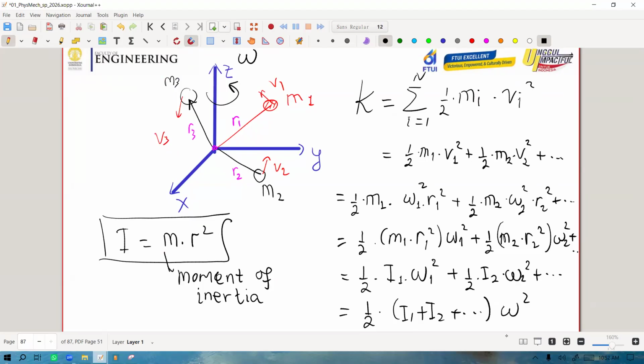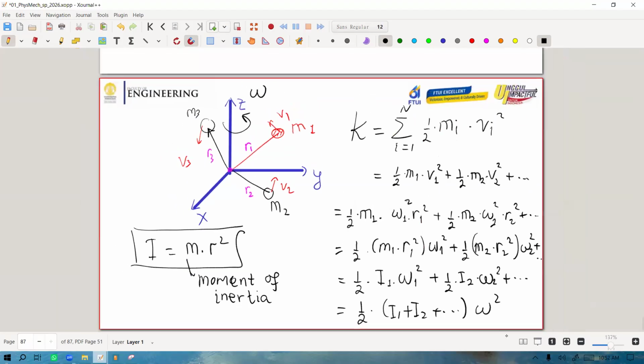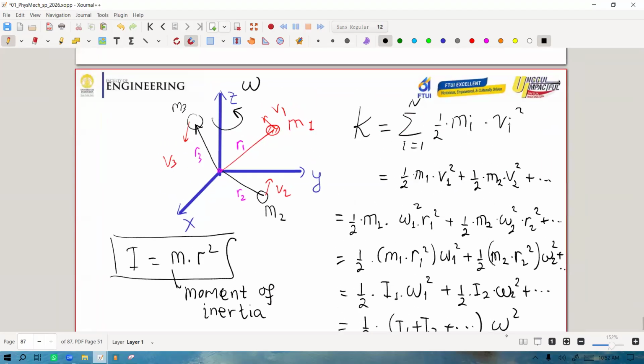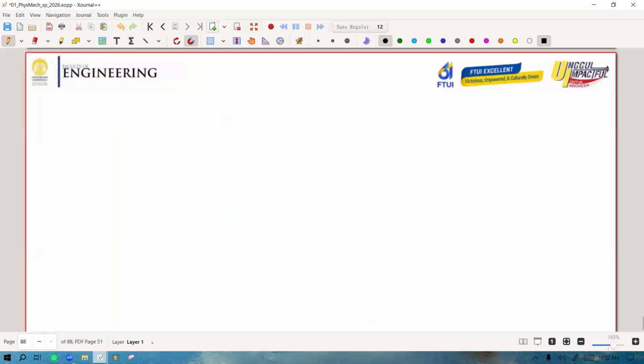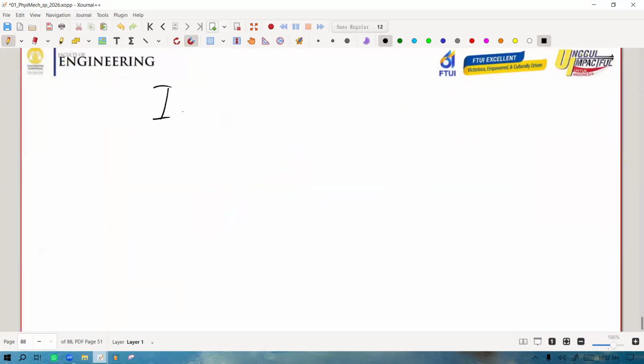So this one is for discrete bodies. How about continuous bodies? For a continuous body, we can use an integral, right? For discrete bodies, the moment of inertia is the total from i equal to 1 to n of m_i r_i square.